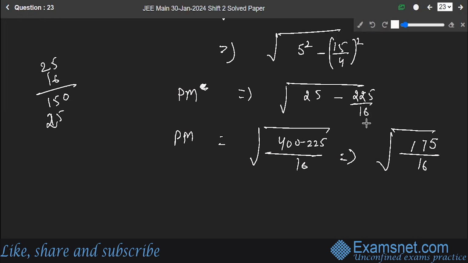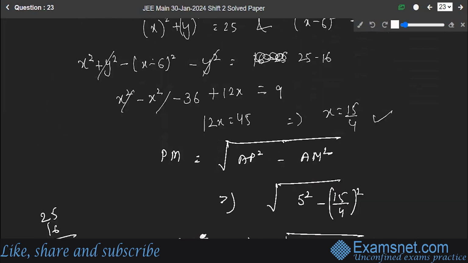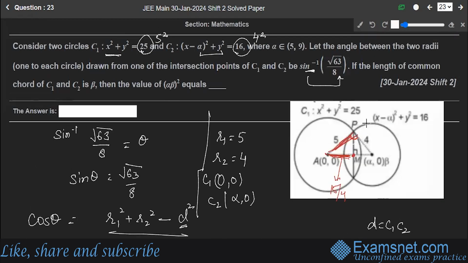So let it be like this only. What you need to find out is twice of PM. So twice of PM will be root of 175 upon 4 into 2. So this will be root of 175 upon 2. This was your PM. What was beta? Beta was the length of the common chord of the two circles. So length of the common chord came out to be this.